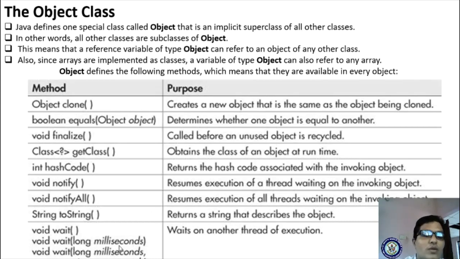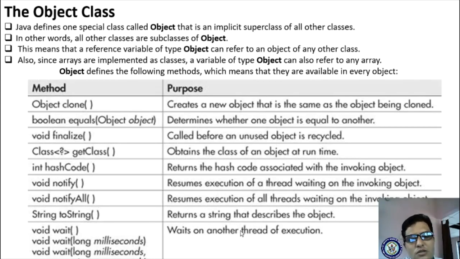Here, long milliseconds means whatever time you specify, it stops until that time, just like a traffic police officer who holds you when you are riding a bike in a traffic area. However long he holds you, you have to wait. That is the long millisecond. There is also the int nanosecond, so you can specify the exact time by giving the long time as well as the short time. So this is the version of wait and notifyAll.